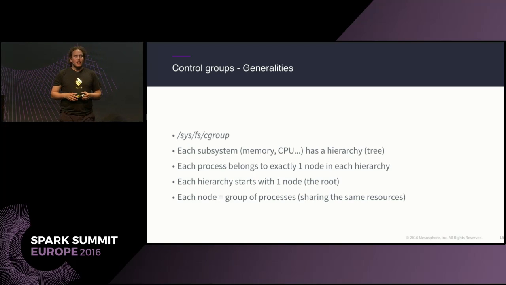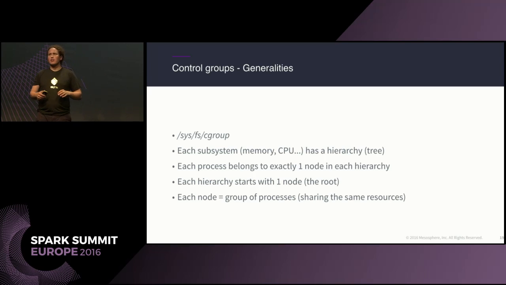In general, C groups, as with most stuff in Linux, are really easily built, and you can look at them in a file system-like manner. For example, in CoreOS, it's all grouped under the sys file system C group, and there we have the different subsystems. It's the same we saw before: memory, CPU, block I/O, and each of those subsystems has its own hierarchy.